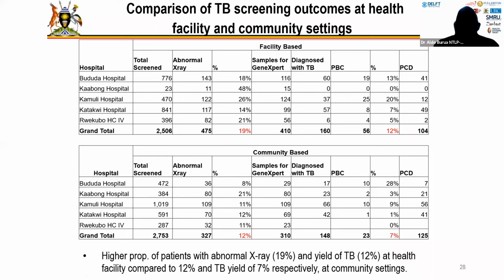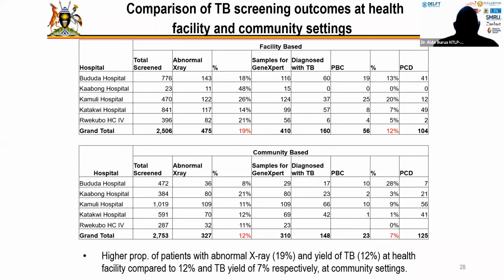Out of the 160, 56 were pulmonary bacteriologically confirmed cases, which is 12% of those who were examined in the lab, and 104 were clinically diagnosed. So that is at the facility level.